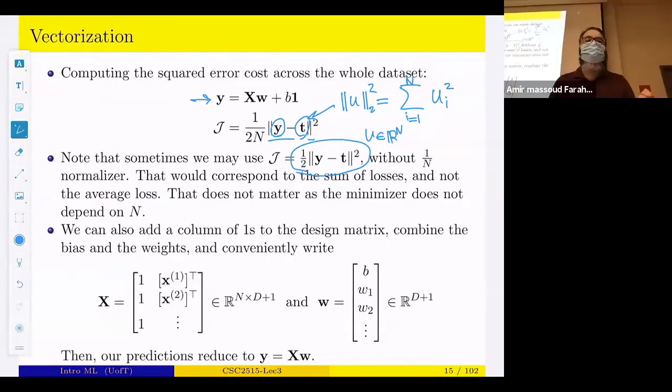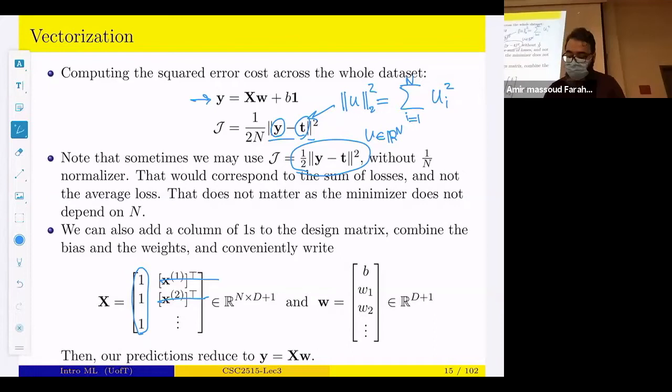The other thing to know is that we can also add a column of 1s to the design matrix and then combine the bias and the weights into one matrix. So essentially we add a column of 1s, and for the rest of it, each of these xi's would be a row vector.